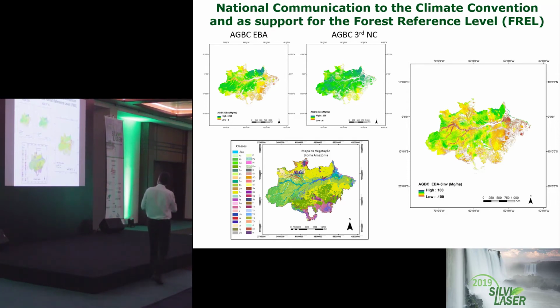Our map is a little bit higher in biomass in some places, as we expected, and lower in others. The major part falls into not very different biomass per hectare, but in some regions it can get up to 70 or 80 tons per hectare difference between the new map and the other one. So this is something that could eventually support the forest reference level that Brazil has, and also the communication to the climate convention.